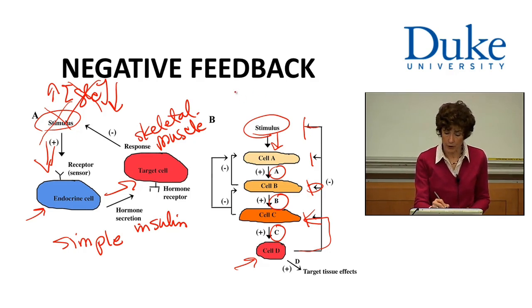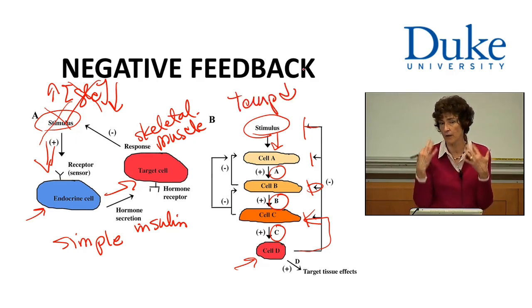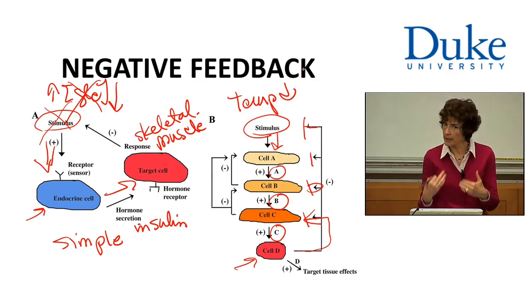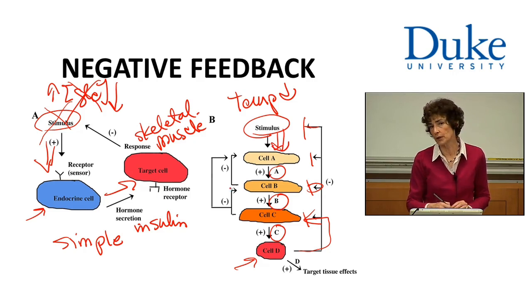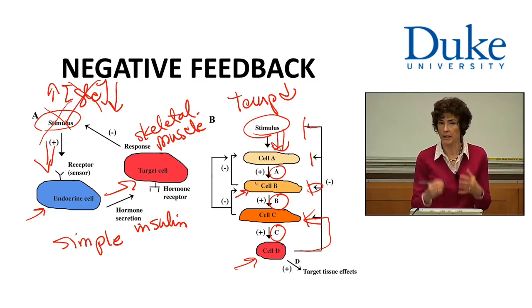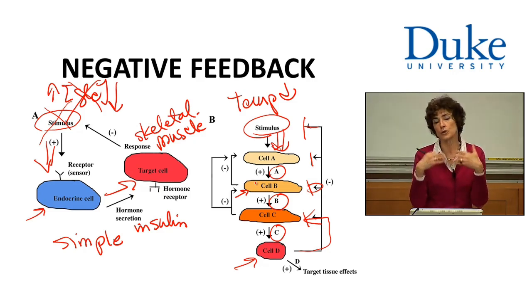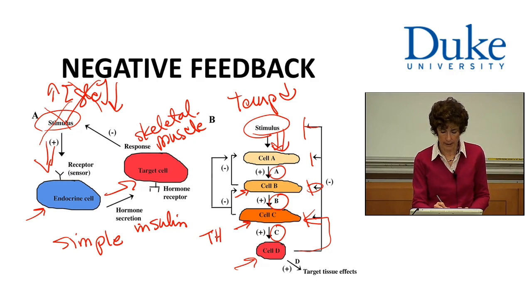So do we have an example of this? Well, temperature. Again, we have a system where the temperature of the body is falling, and when the temperature of the body is falling, then the hypothalamus, the brain, will cause the release of a hormone which is called thyrotropin-releasing hormone. This hormone works on the pituitary, another region of the brain, which releases thyroid-stimulating hormone, which then acts on the thyroid gland.